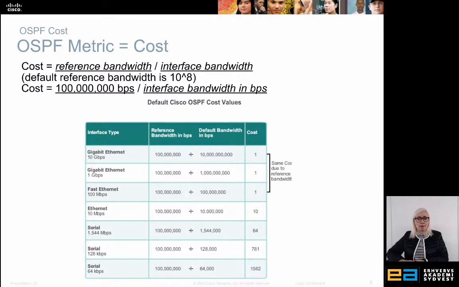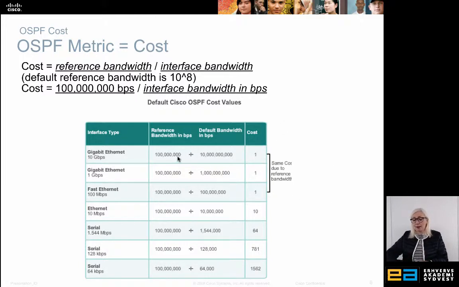Then we have the metric. In the case of OSPF, it is something called a cost. It will find a cost by taking something called the reference bandwidth and dividing it by the interface bandwidth. Because OSPF will look at the bandwidth and figure out that the fastest or shortest path between two networks is the one with the fastest bandwidth.